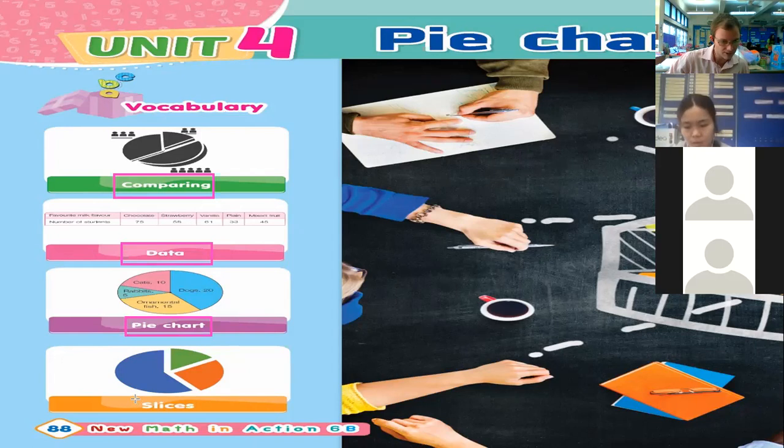And then the last one is slices. Now each pizza always has some slices. If you go to buy a pizza, they cut it in slices for you. Now the same is true for pie charts. We can also divide the pie chart because it's round, almost like a pizza. We can divide it into different slices of information for us to read easier. Okay.